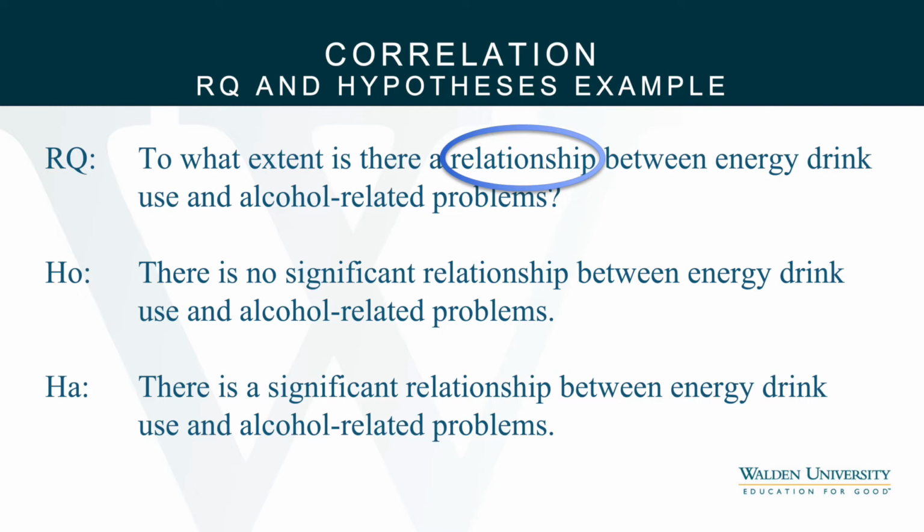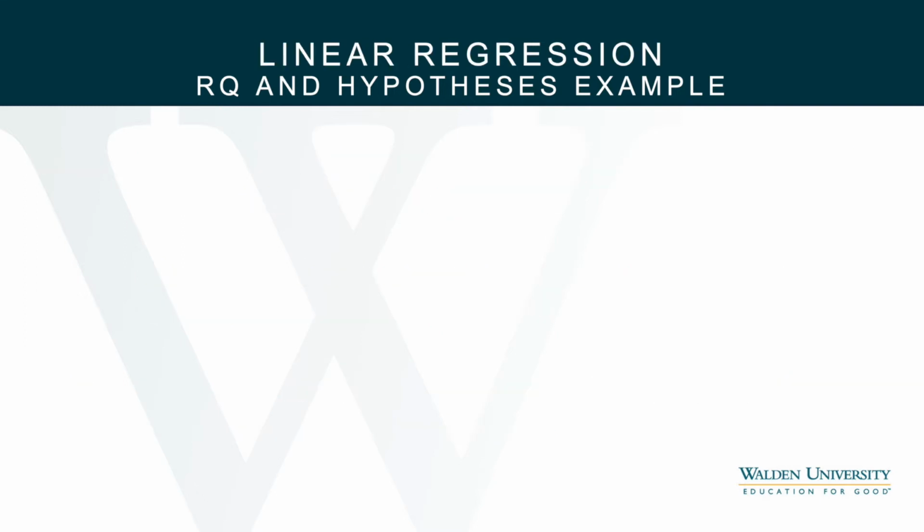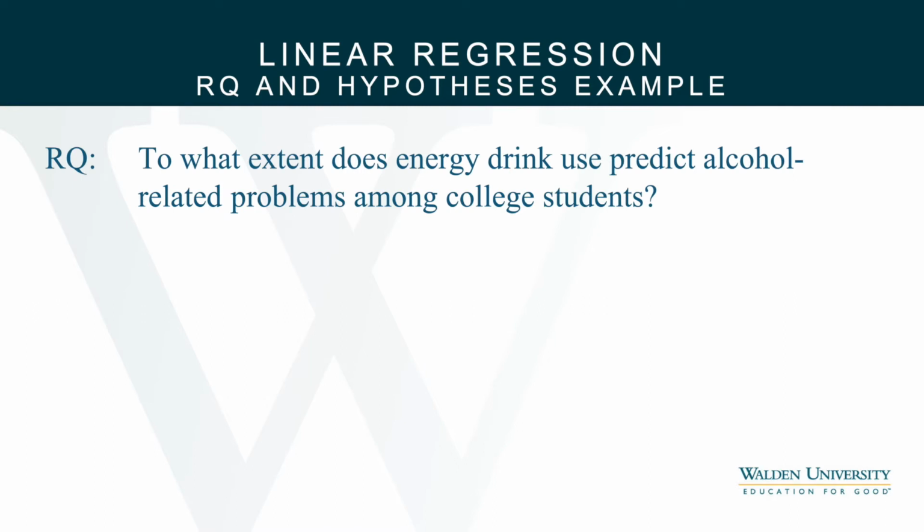And I have a similar example to set up a research question for the linear regression. I'm asking to what extent energy drink use can predict alcohol-related problems among college students. Here, the energy drink use is firmly grounded as the independent variable, and the alcohol-related problems among college students is firmly grounded as the dependent variable. They are no longer interchangeable, as we saw on the correlational side, but I'm firmly asking whether one can predict the other.